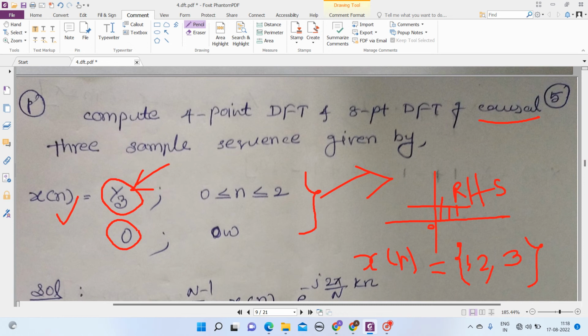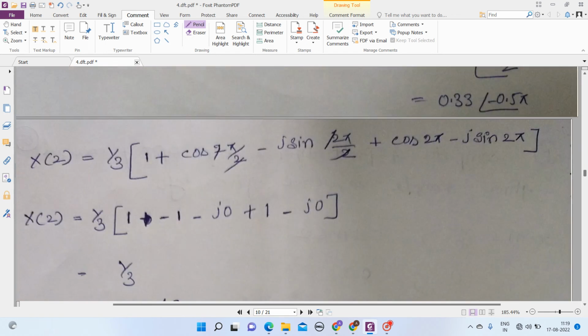So see here, this is 0, and this is 1 by 3, then 1, 2. For 0 the magnitude is 1 by 3.